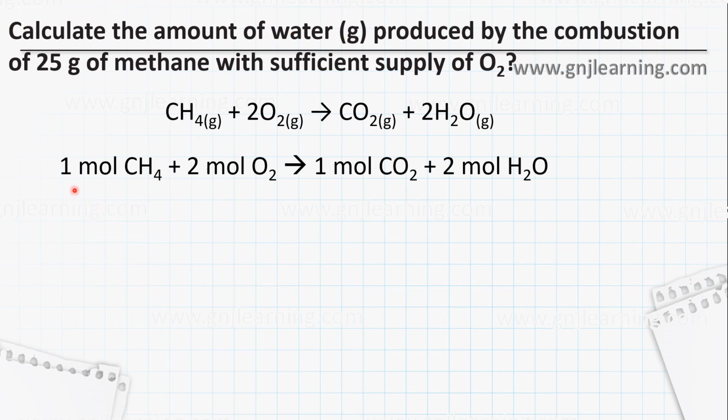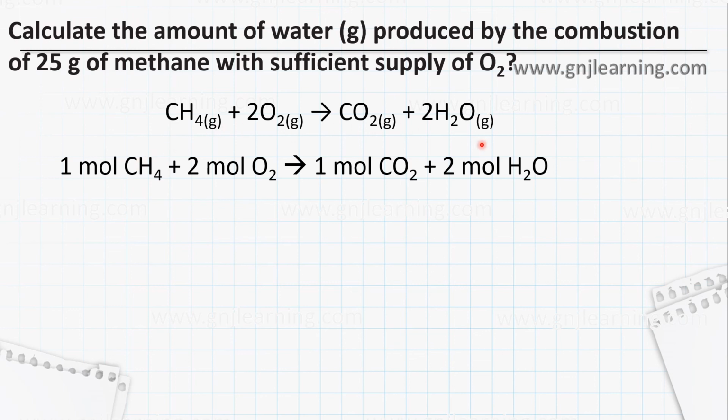One thing I know is 1 mole of methane will give 2 mole of water. Clear? So if I am taking a particular quantity of methane, I will get double the amount of water.